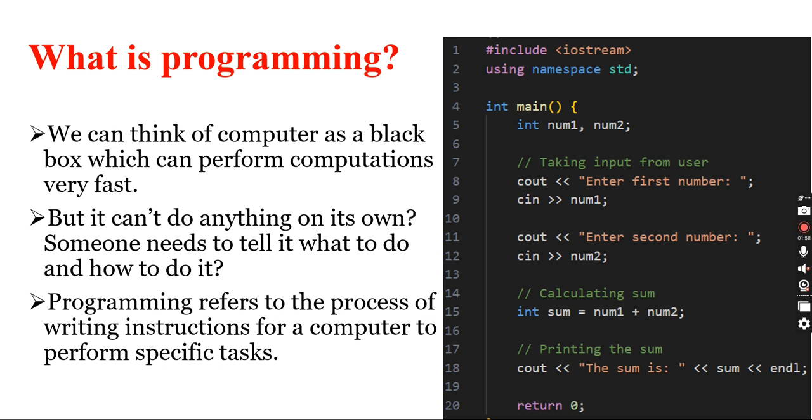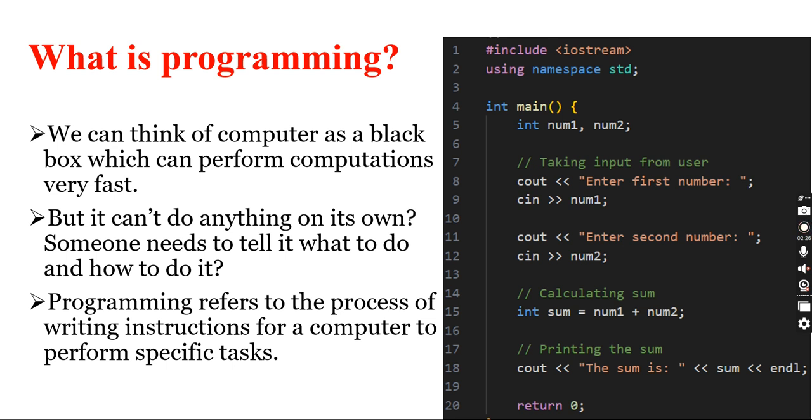Before we start talking about the various syntax of C++, let's first talk about what exactly programming is. If we think about a computer, it can be thought of as a very high computational black box, which can do millions of computations within a second.